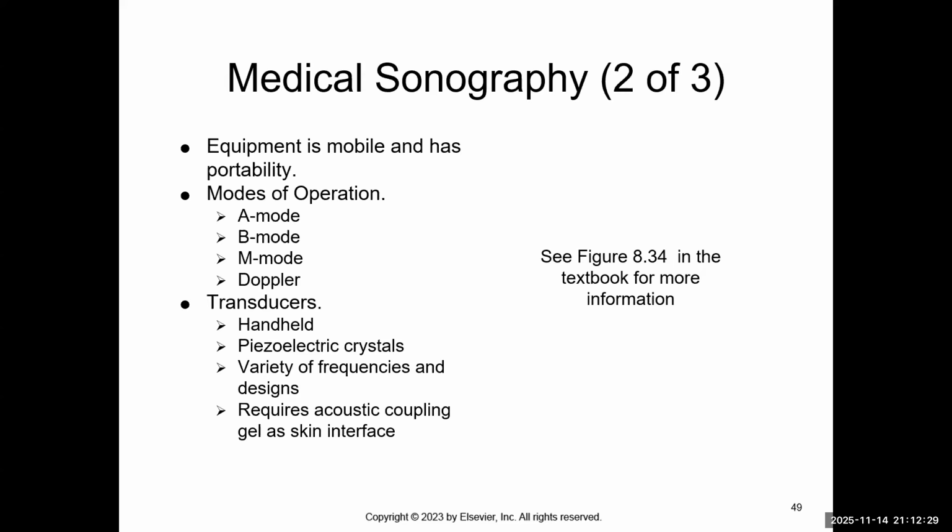Sometimes it's cold, sometimes they're nice enough to have it warmer, so when they put it on your body, it's not that shock and awe effect because it's cold. So again, just like our portable machines in X-ray, the ultrasound machines are portable as well. They can operate in different modes, and also they can create their images using sound waves instead of X-rays.